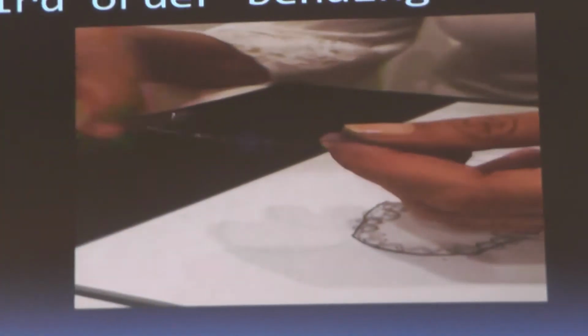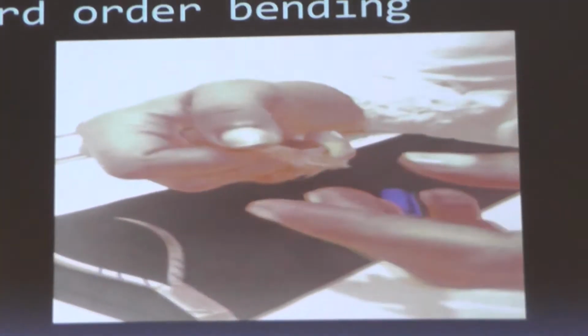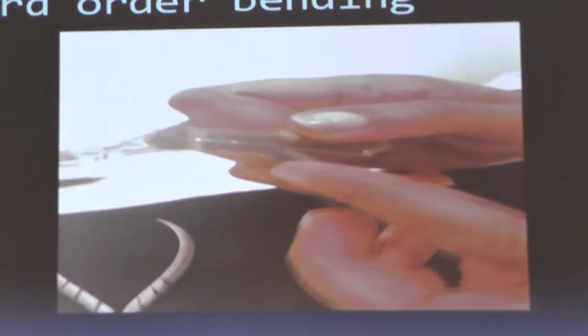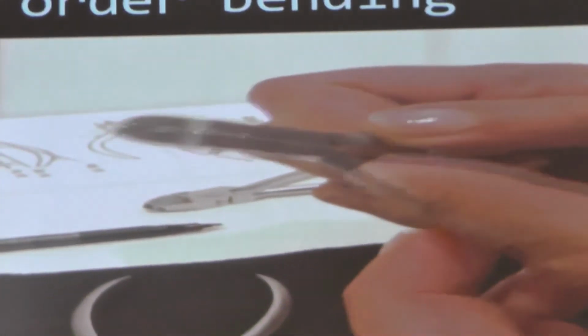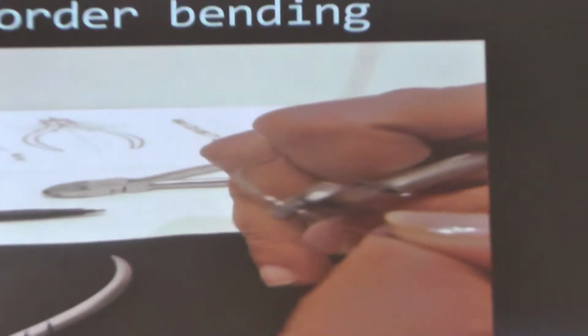This is the upper arch wire, and you have to know that for the upper arch wire we bend with omega up, and for the lower arch wire we bend with omega down. So you cannot bend opposite torque.